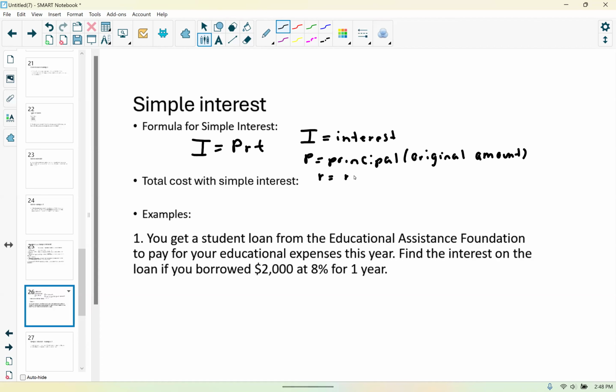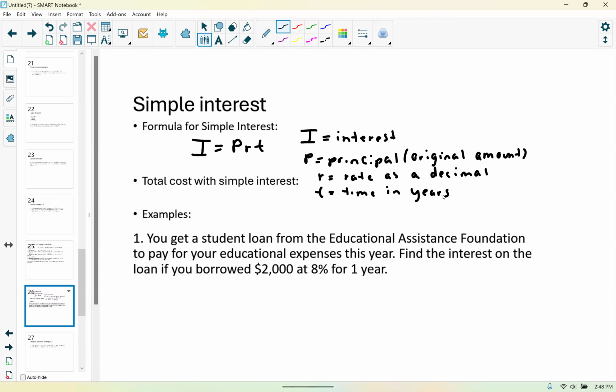R is the rate, as a decimal. It has to be a decimal, so you have to change any percentage to a decimal. And T is the time in years, and it's always years. So if it's not in years, then we have to convert our time to years.